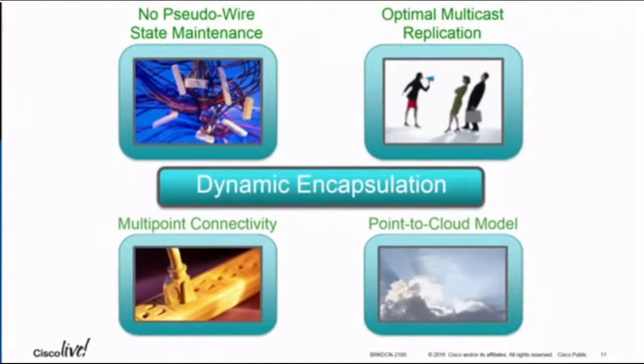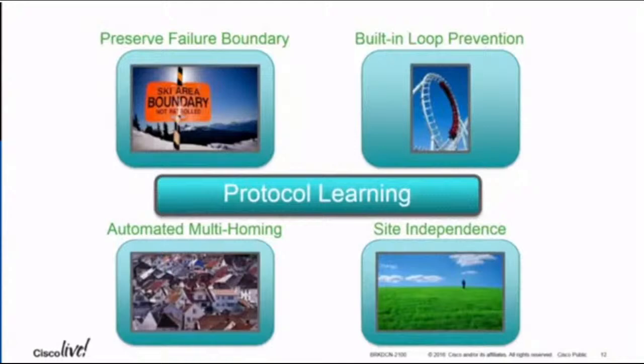Now, when I talk about encapsulation, that is not enough. Probably we could have gone for GRE. What does it do? It encapsulates the IP packets and sends it further. We just don't know whom exactly to send the traffic to, but with this particular feature, protocol learning, we know whom to send the traffic to and we know exactly where that particular host is located.